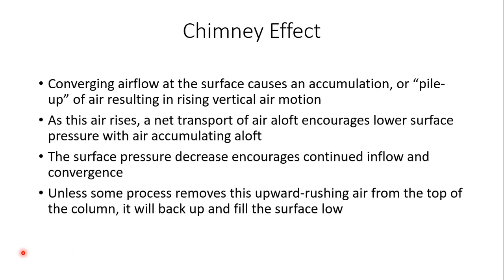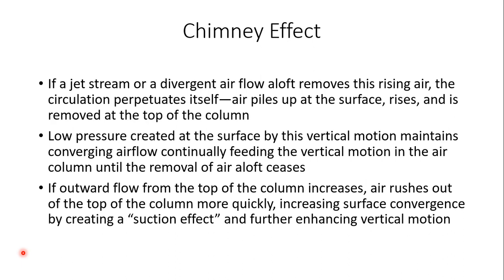And the surface pressure continues to fall or decrease, and that encourages continued inflow towards the center of surface pressure and increased levels of low-level convergence. And unless some process removes this upward rushing air from the top of the column, it will eventually back up and fill the surface low. This is known as the chimney effect, by the way.